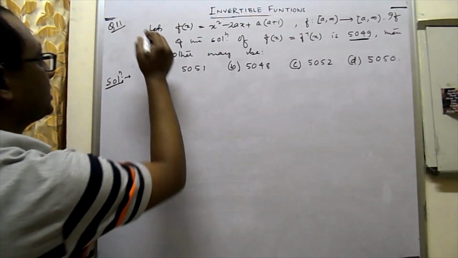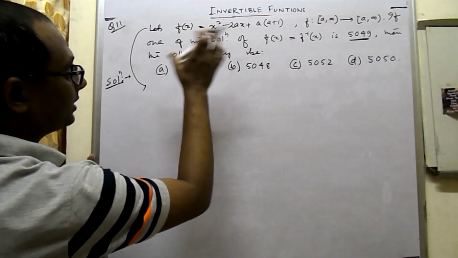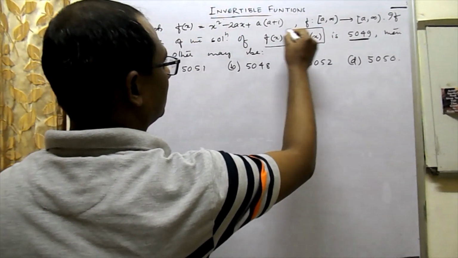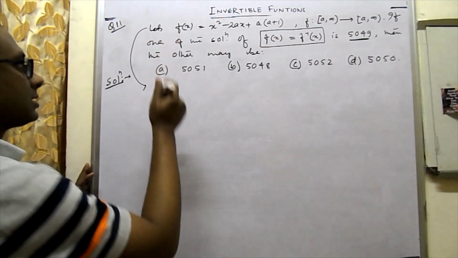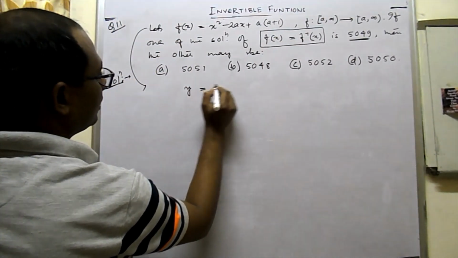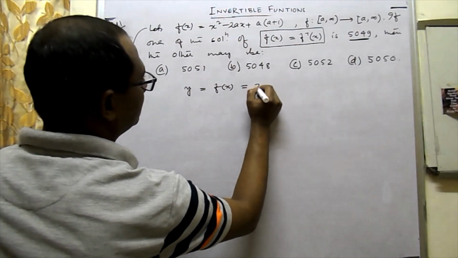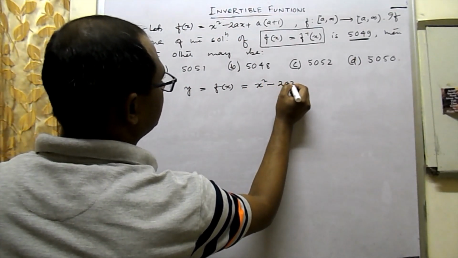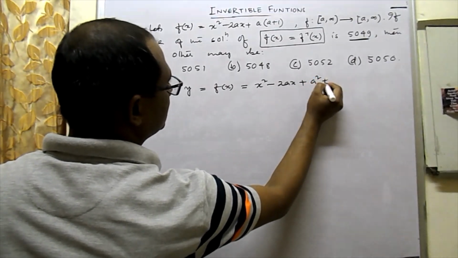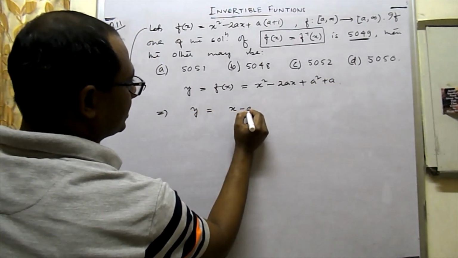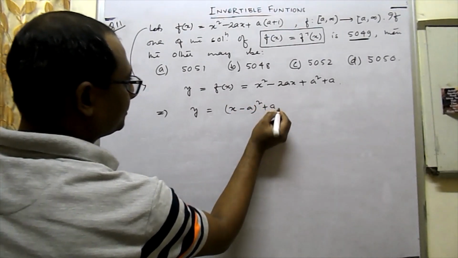Okay, we'll try to simplify this, and we'll try to get the inverse of it, because we have been asked to solve fx equal to f inverse of x. So let us first try to solve y equal to fx and try to get the inverse of it. X square minus 2ax plus a square plus a. So y will be equal to clearly x minus a whole square plus a.